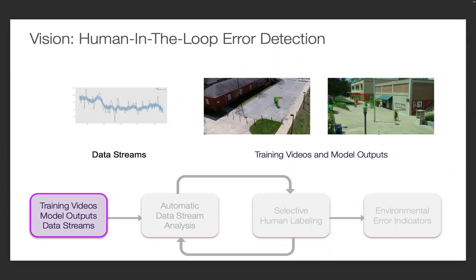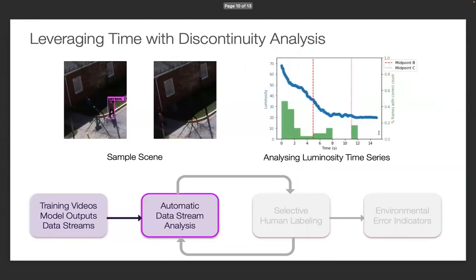So after taking in this data, we're proposing a system loop of automatic data analysis as well as selective human labeling, and integrating both of them in order to capture these causal environmental features.